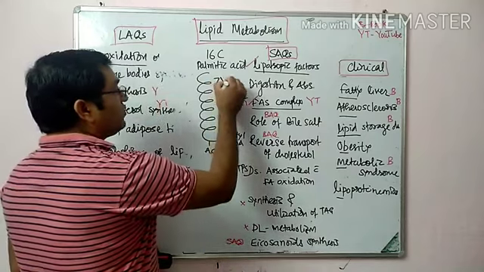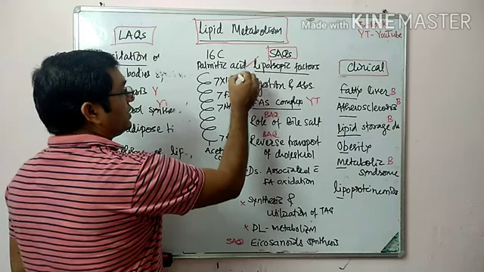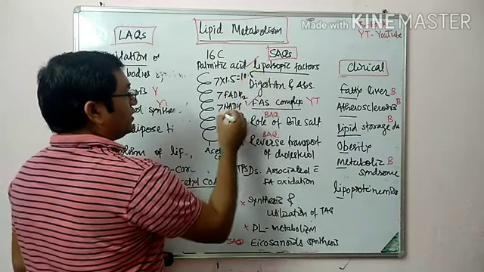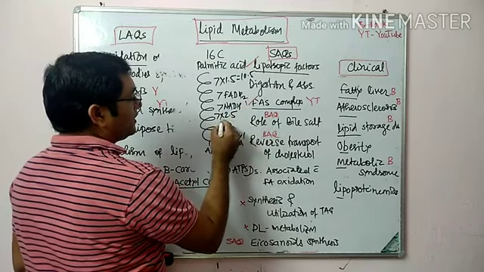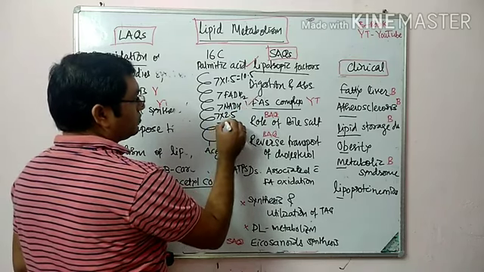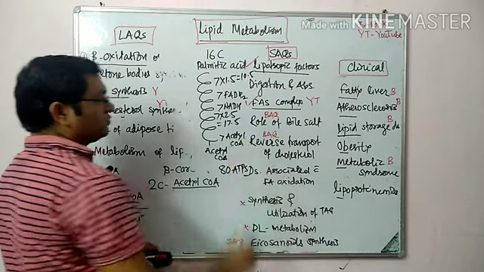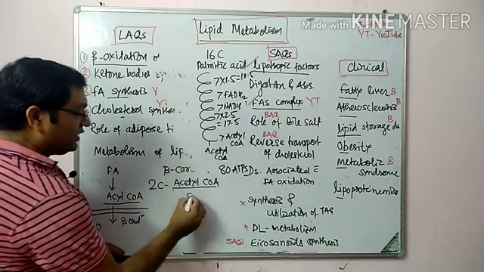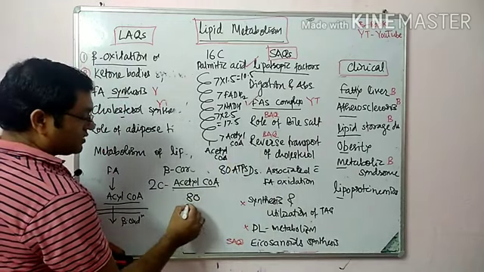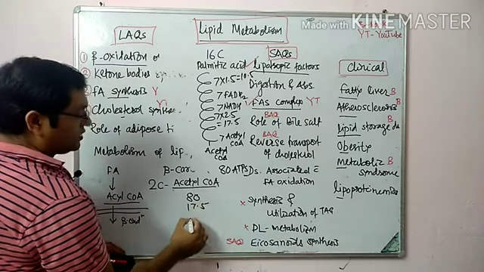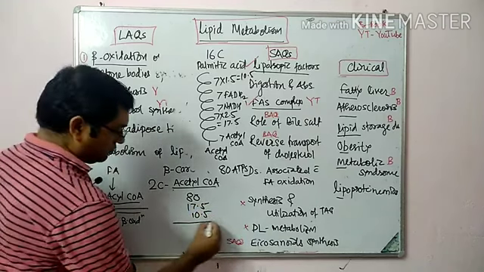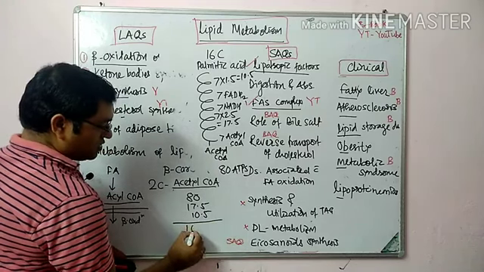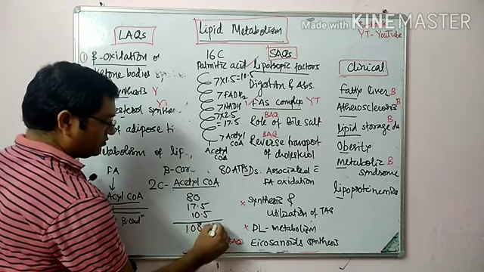7 FADH2 will give 7 into 1.5, that is 10.5, and 7 NADH will give 7 into 2.5, that is 17.5. Means total 80 plus 17.5 plus 10.5 is 108 ATPs.